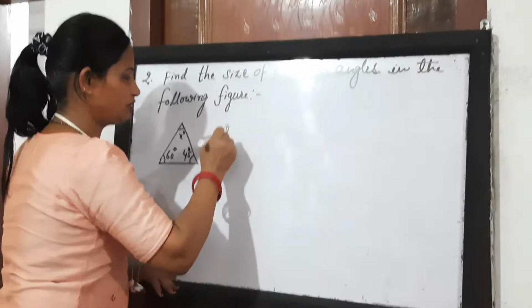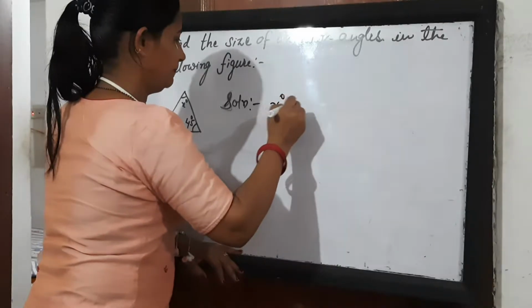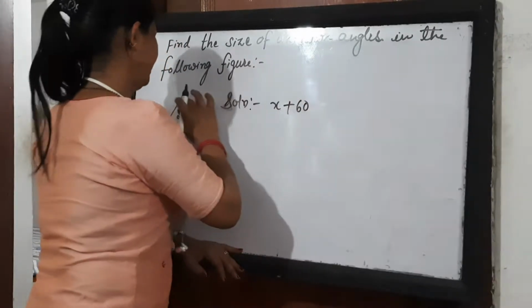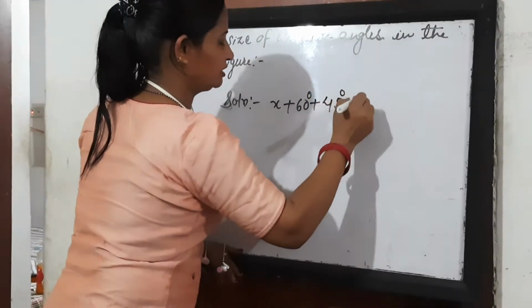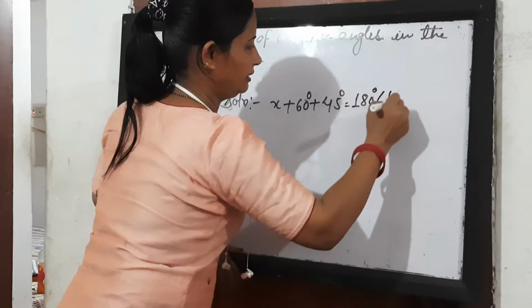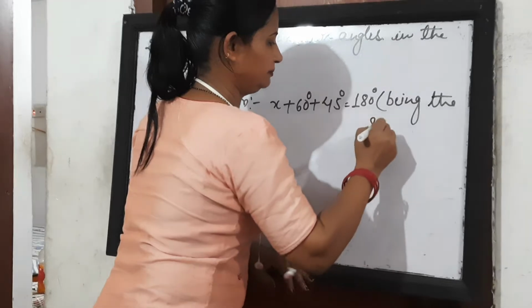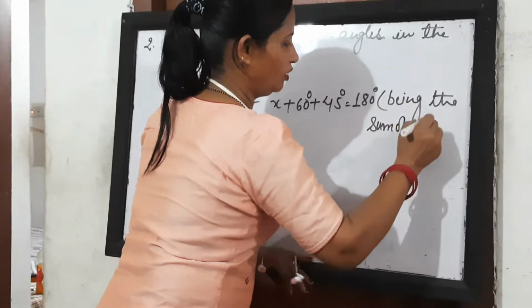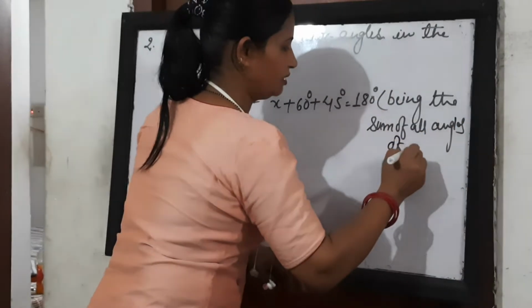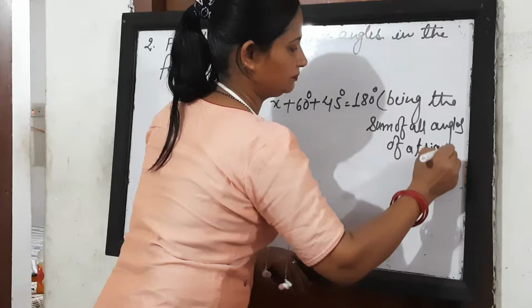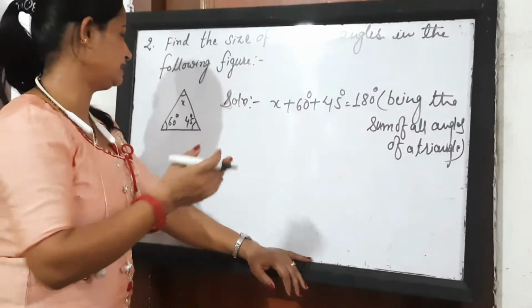Now we are going for the solution. x degree plus 60 degree plus 45 degree is equal to 180 degree, being the sum of all the angles of a triangle. Understood? As you know, the sum of the angles of a triangle is 180 degrees.